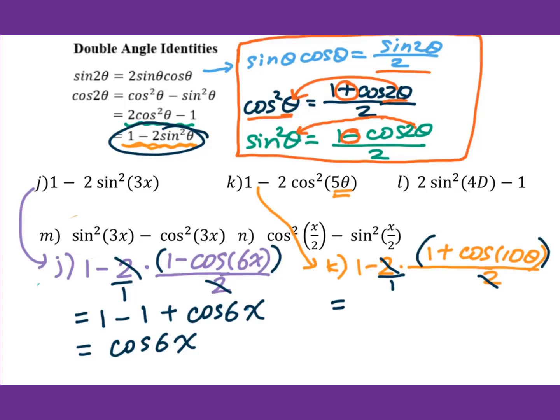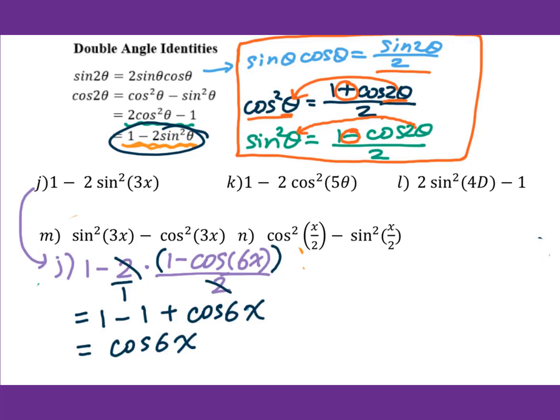I put the parentheses because here it's negative. Then we do distributive property, 1 minus 1 minus cosine 10 theta. So combine like terms, that's negative cosine 10 theta because 1 minus 1 is 0.